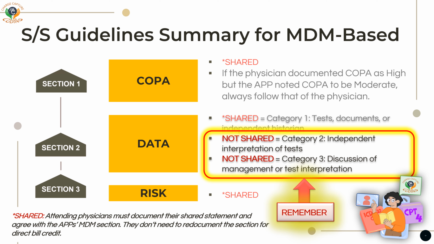However, again, let me remind you, if it's only the NPP who documented the interpretation or consult, we bill the EM visit to the NPP without appending the FS modifier.